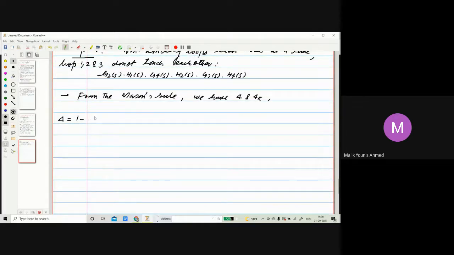Summation of all that we have to do. That's the formula. Summation is what? What is the loop gain number one? G2 of S. You have to write that. That's one.